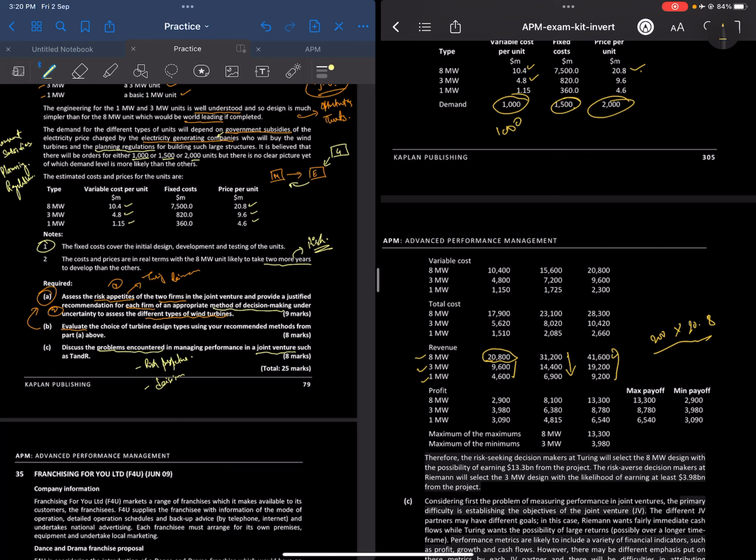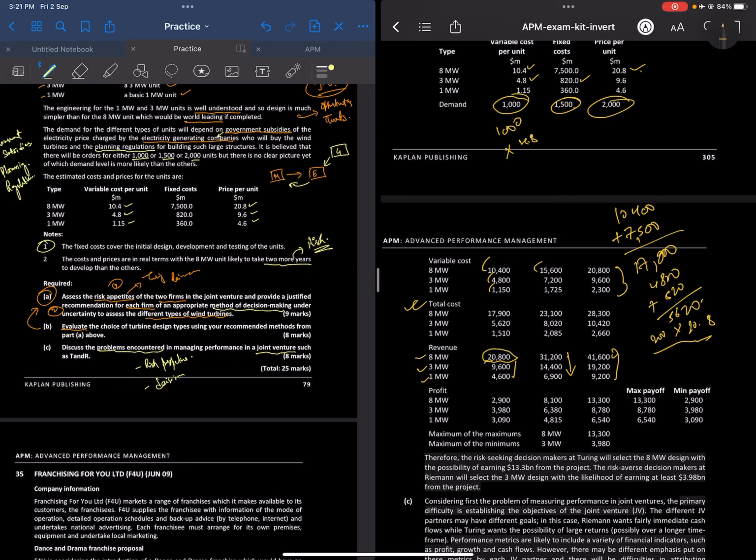So 1000 times 10.4 is 10,400, and 1000 times 4.8 is 4,800, and 1000 times 1.15 is that much. Similarly for 1500 times 10.4, it's going to give us all these different figures. The total cost has been computed based on 1000 times 10,400 plus the fixed cost that does not change with demand, so it's going to be 17,900. Similarly for the other one, 4,800 plus 820, so 5,620. So total cost has been computed.